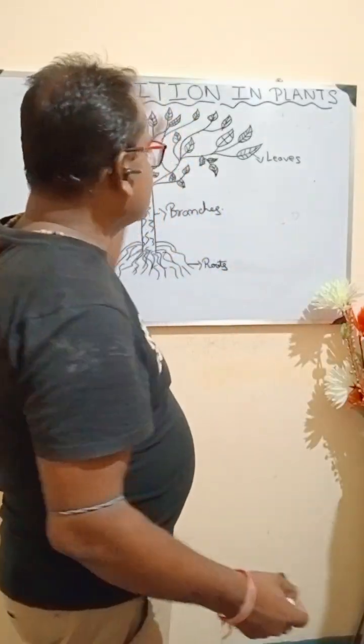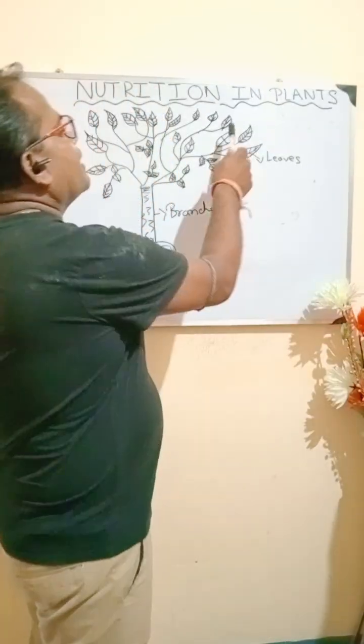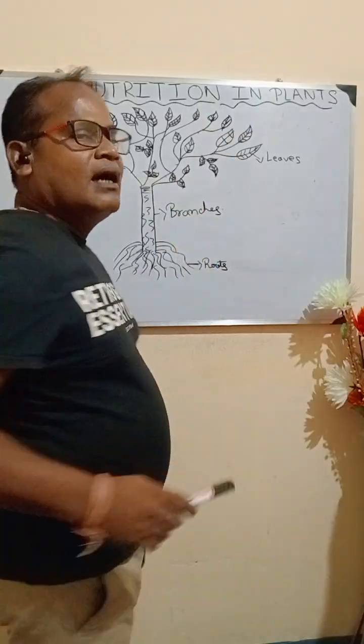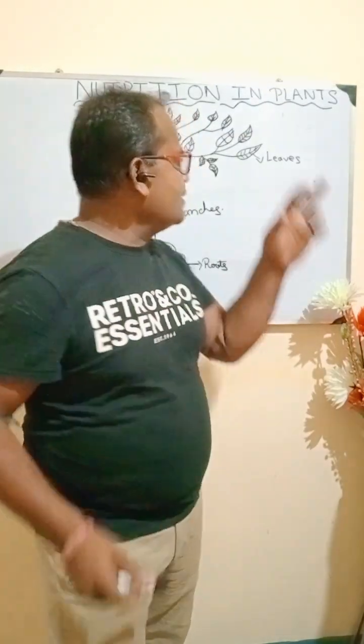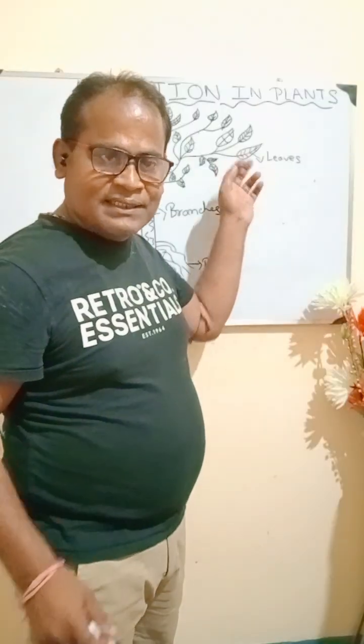With this I must not say that this is the end of the class. I have to tell you more about this. Actually, look at the plants. These plants are called food factories. What are these plants called? Food factories.